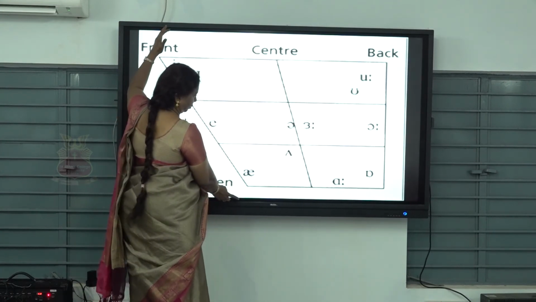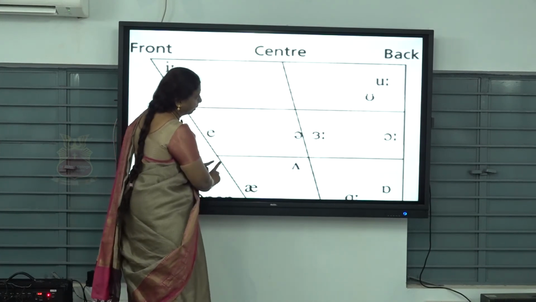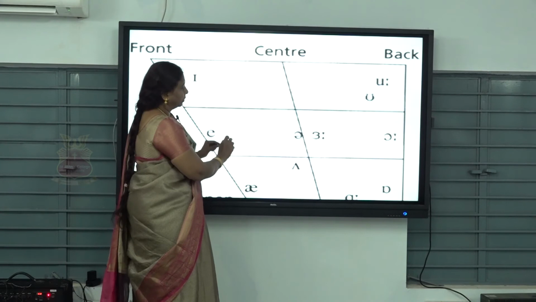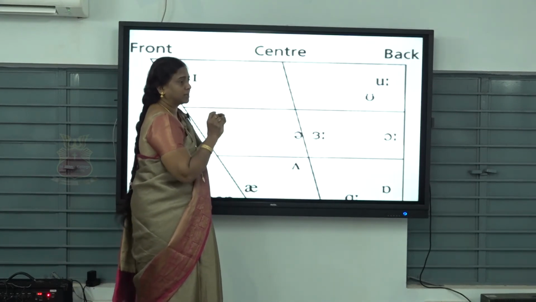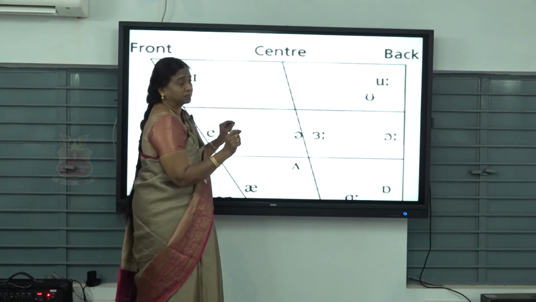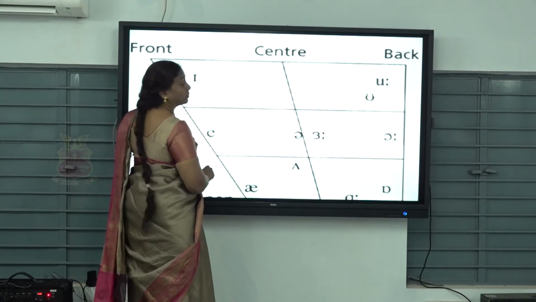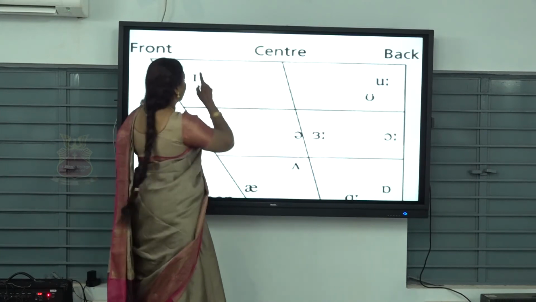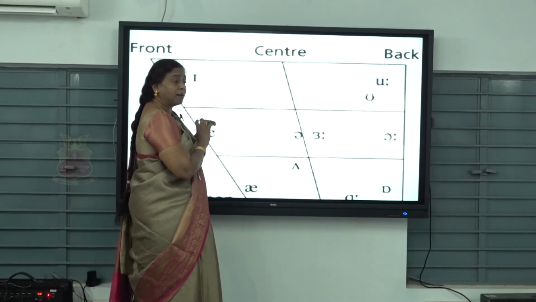This is closed position. This is half closed. This is half open. Okay, so you can very easily fix some vowel with 3 terms. For example, E is a front vowel. It's a closed vowel and it's an unrounded vowel.